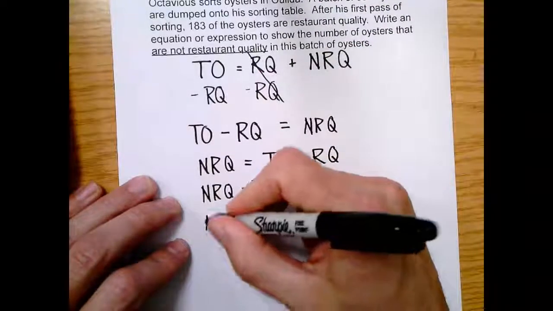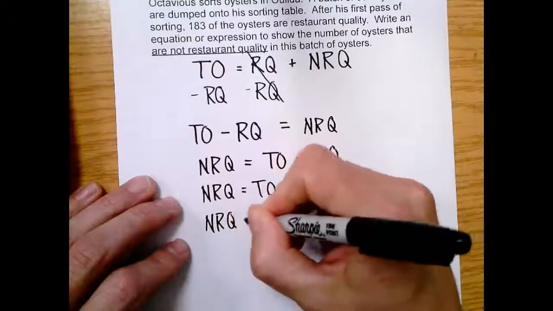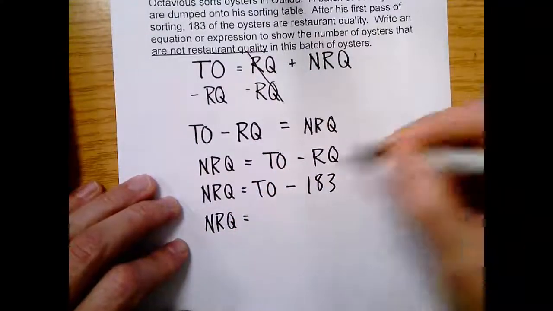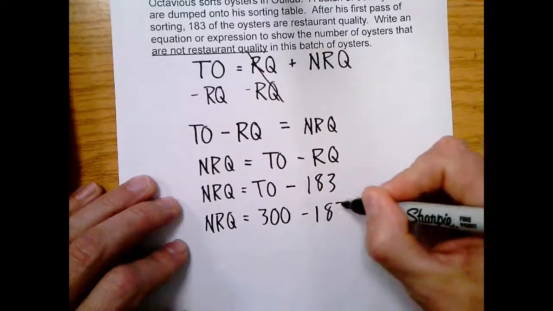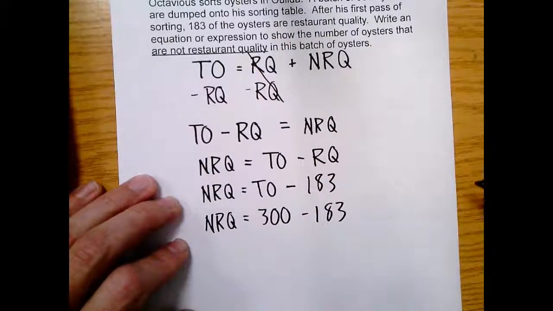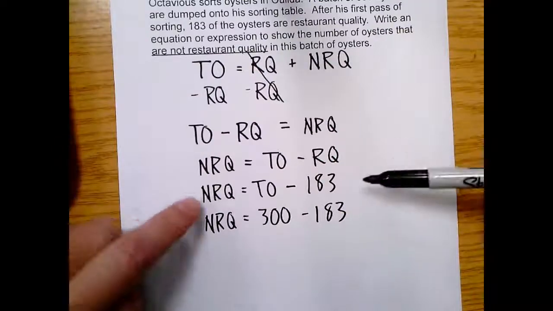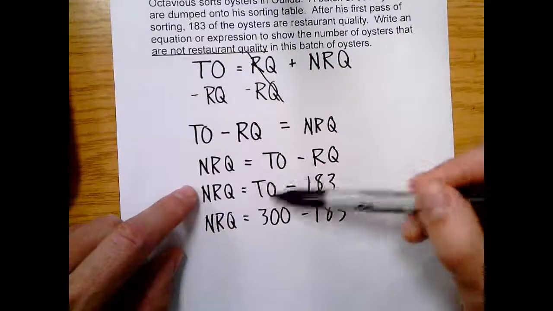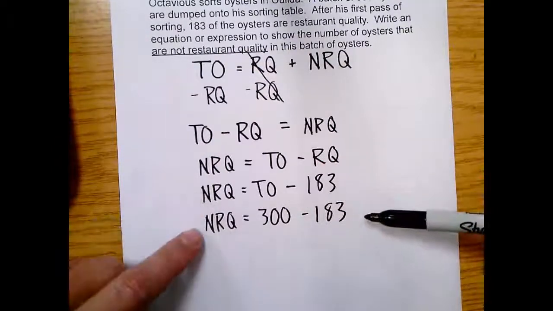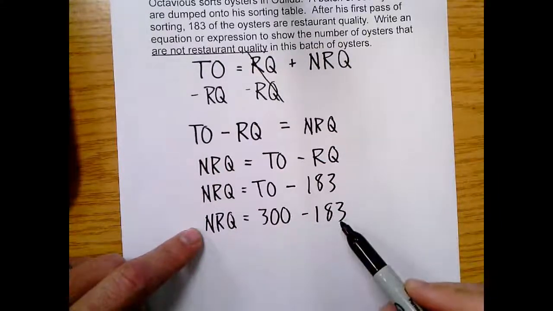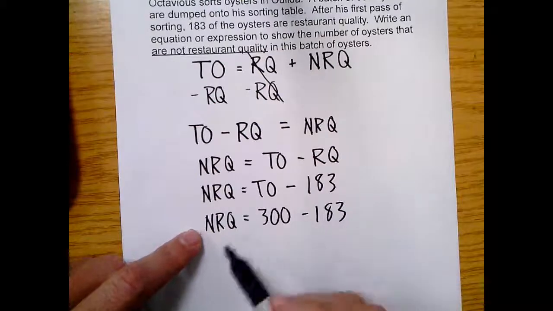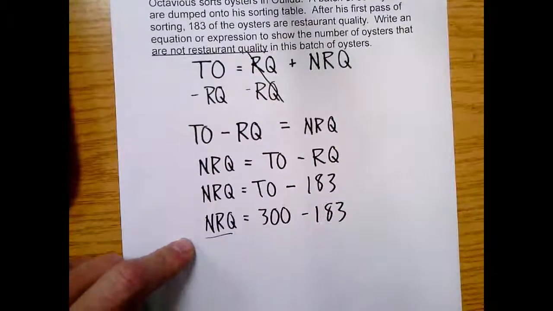I could also say my not restaurant quality is 300 minus 183, right? So at this point, this is actually a pretty great answer. It says whatever my total oysters were this time minus that, but this is a better answer because we substituted in the total oysters and the restaurant quality, and I'm left with what's not going to the restaurants.